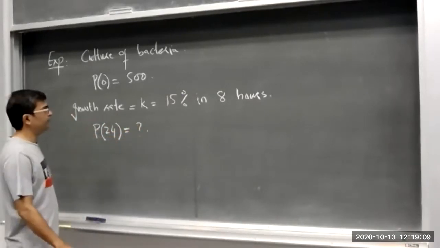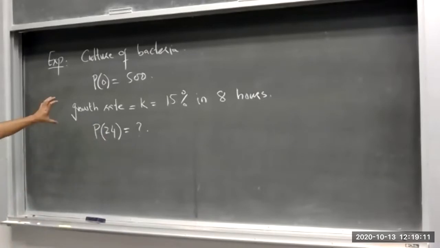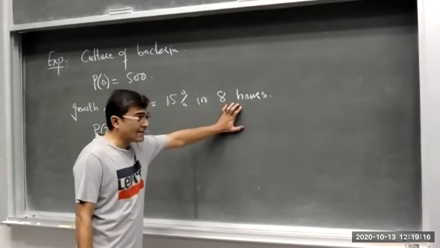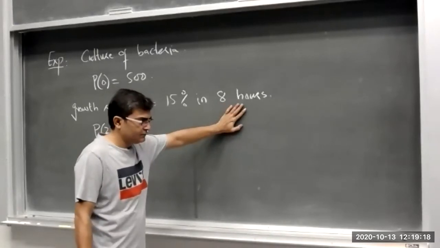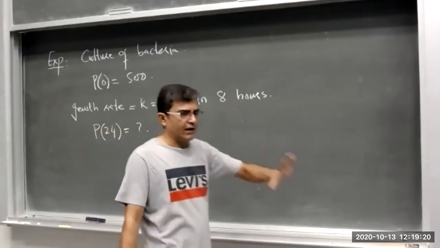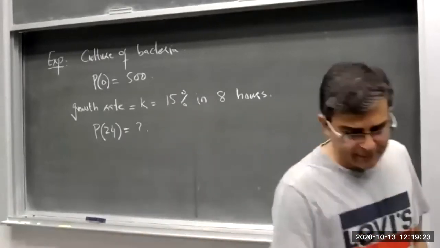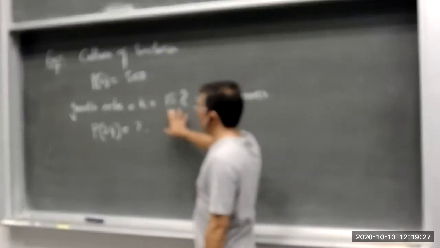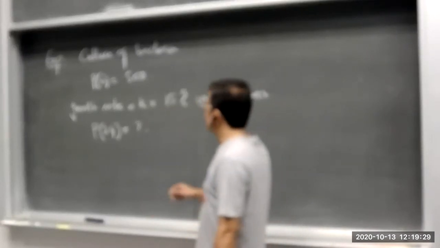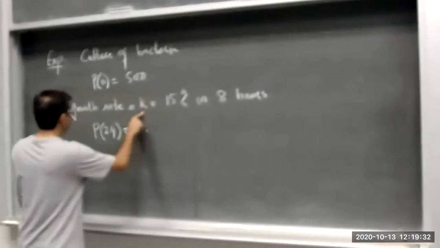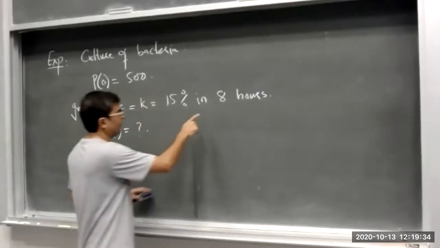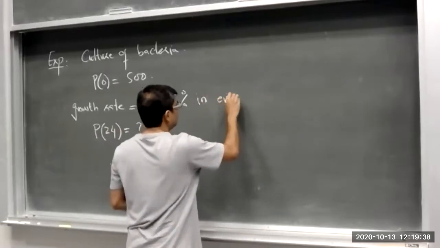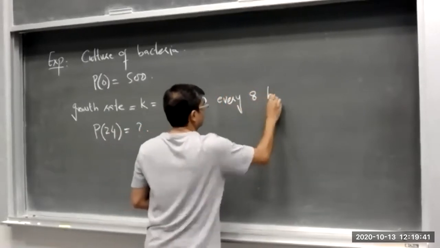24 hours. Now the growth rate is given in every 8 hours. It's not per hour. So what is missing here? We cannot say that K is equal to 0.15. This growth rate is given in every 8 hours.